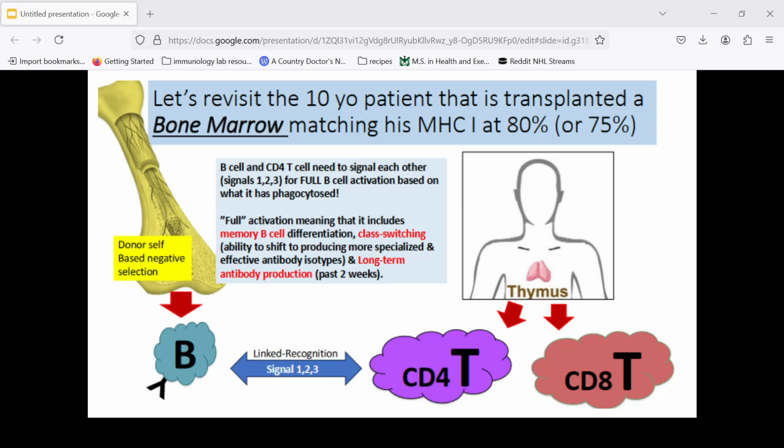So when we do a transplant, we have two people involved. Two sets of DNA is how I like to think about it. We've got our recipient, and then we've got our donor.